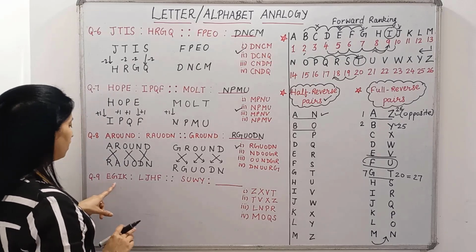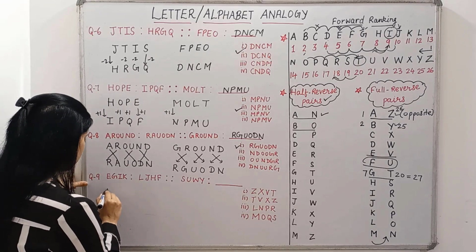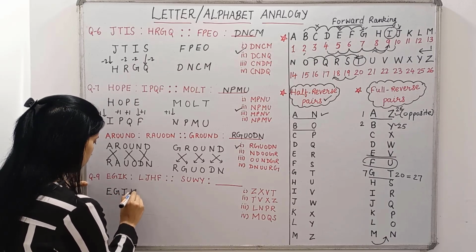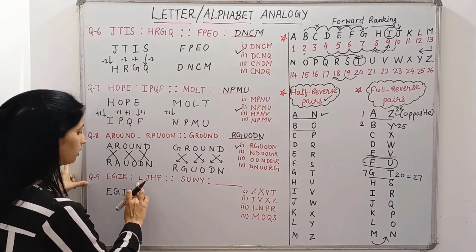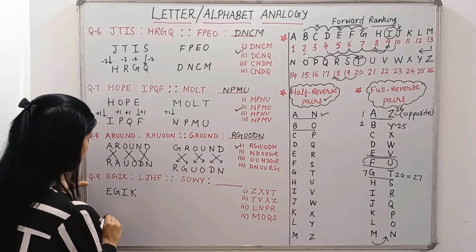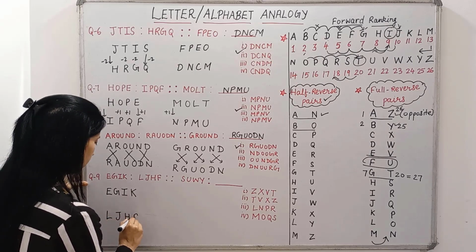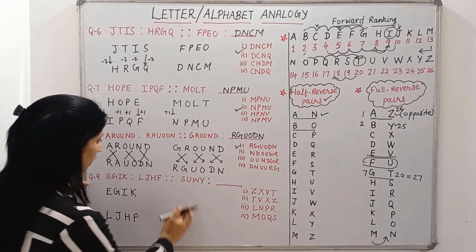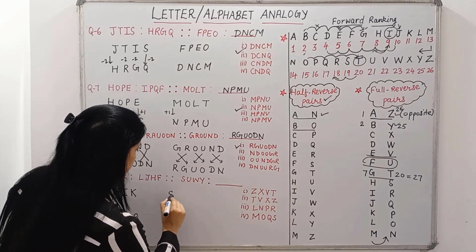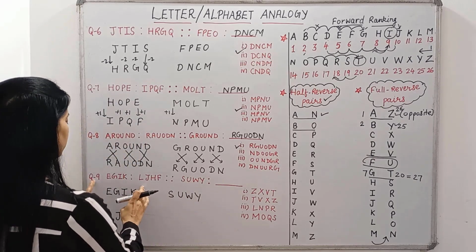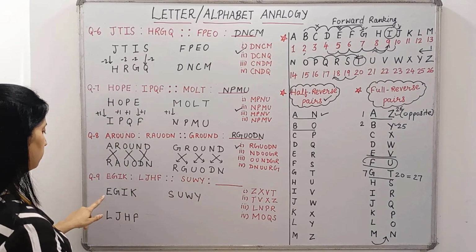Okay, next EGIK, right? EGIK. This is LJHF. LJHF. And this I am writing here S U W Y. Now find out the relationship between these two terms.